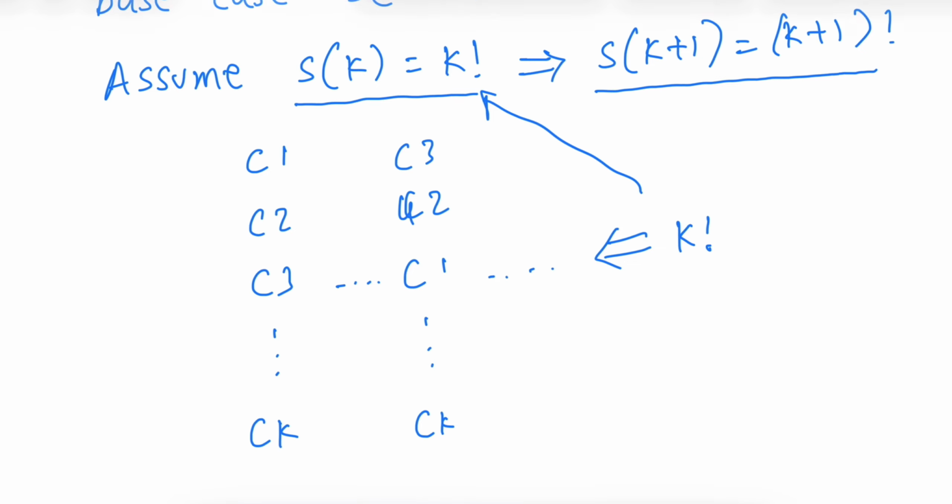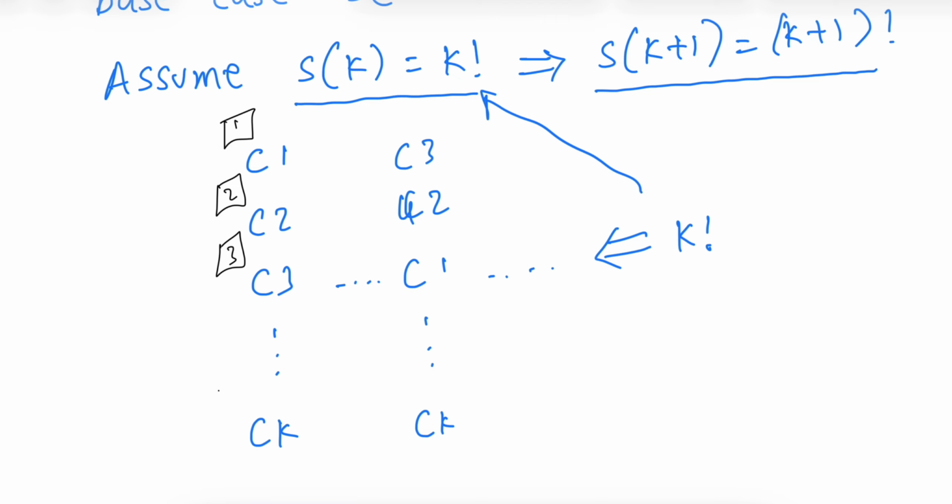Then we need to prove that this is true for k+1. So when the (k+1)th child wants to join one of these lines, he will have k+1 options. He can stand here, here, here, and so on.